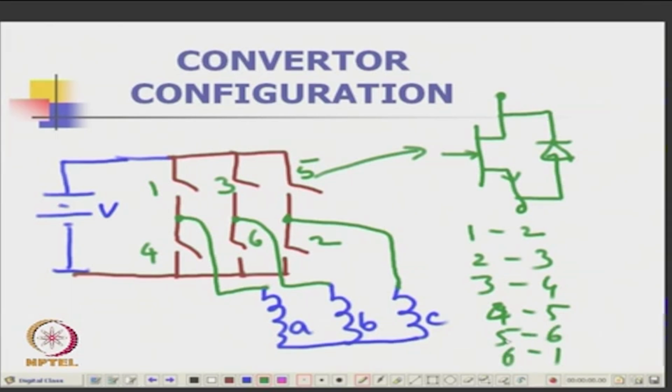Am I right? So, if it is 1, 2 means what will be the flow of current? If it is 1, 2, it will be flowing from 1, okay, going into this winding A and coming out through, right, am I right?